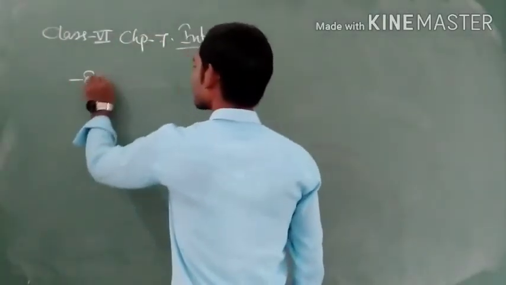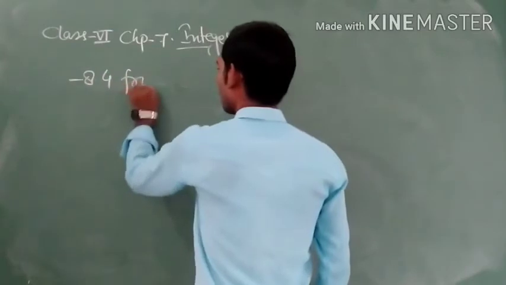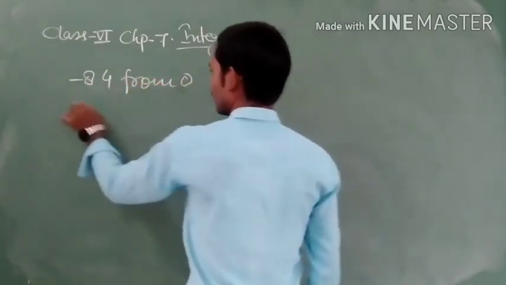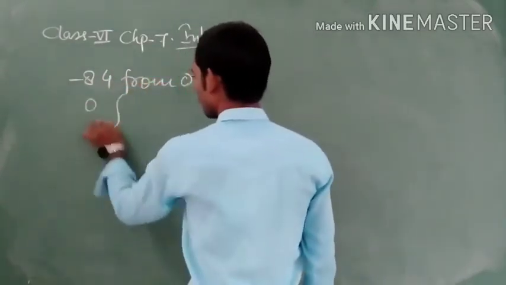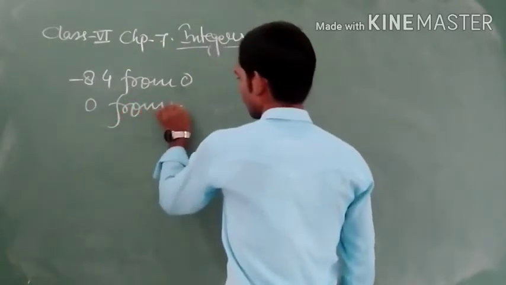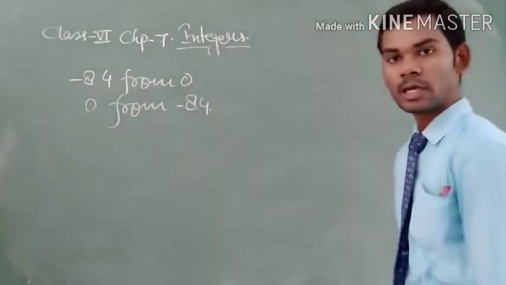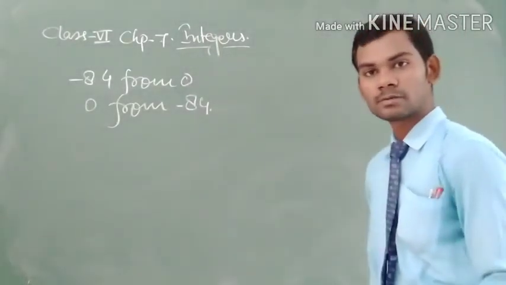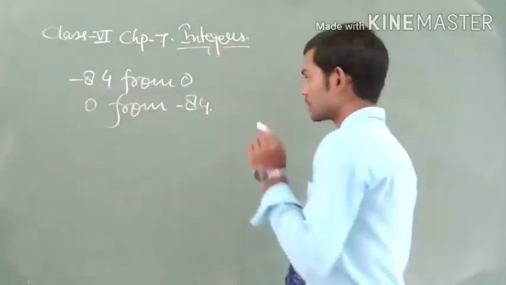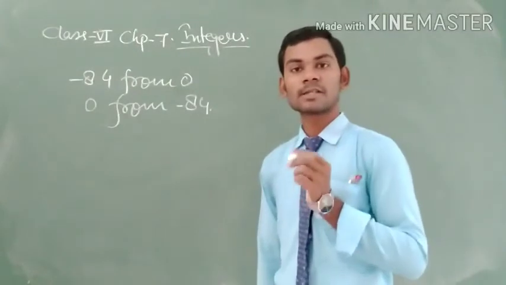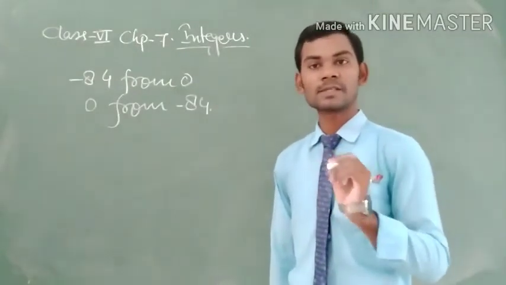Here are two questions also. Subtract minus 84 from 0 and subtract 0 from minus 84. There are two questions and they look nearly the same, but there is a slight difference.